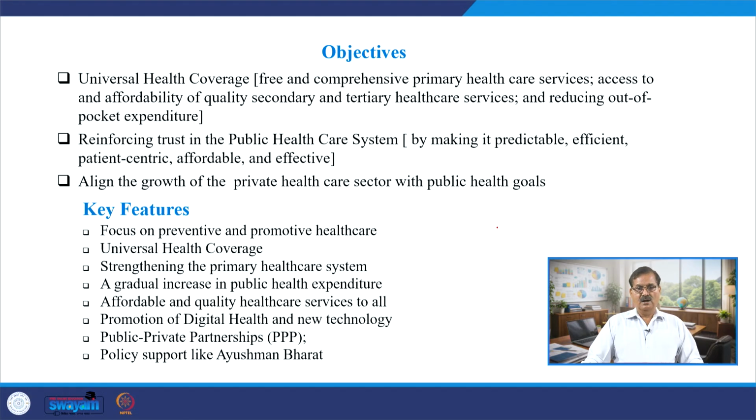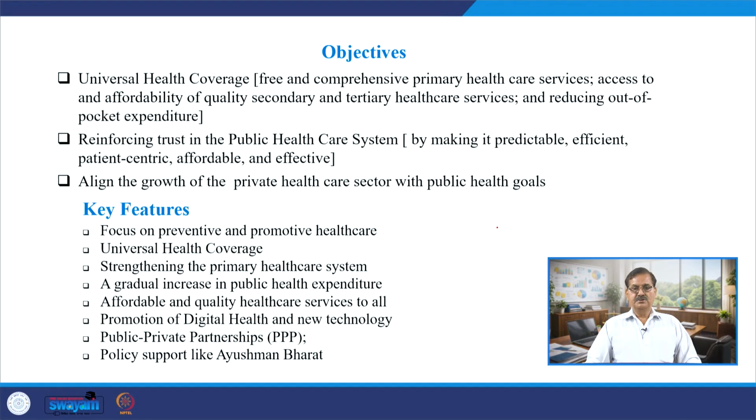These days, digital medicine is becoming very popular, and online prescriptions and online telemedicine are all important aspects of the public policies. Public private partnership is being promoted through this, and policy support is like Ayushman Bharat.